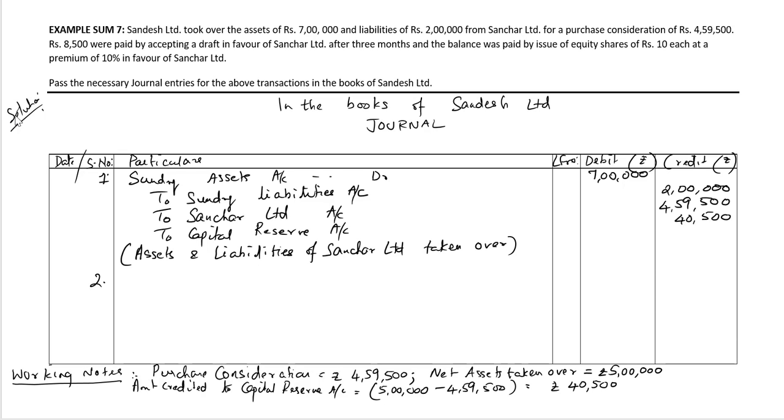The next journal entry is for settlement of the purchase consideration. Sanchar Limited account debit, the amount payable 4,59,500 rupees.